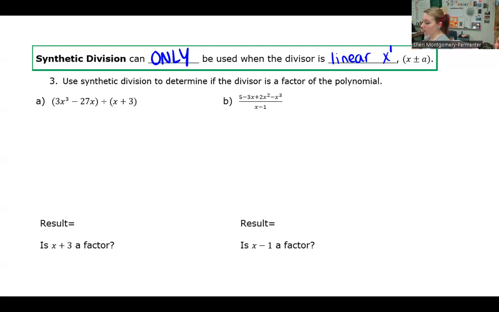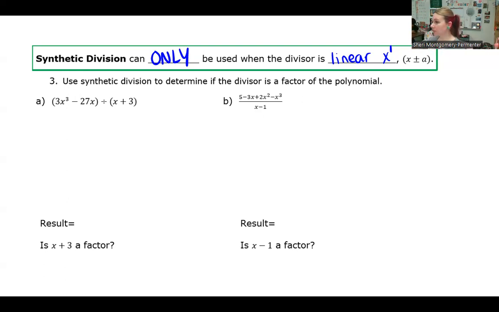So question B on number 2 on the front, where we were dividing by x plus 3. If you flip to the front, part B of question 2, where we were dividing by x plus 3, you could actually use synthetic division on that problem. And we're going to learn how to do it, but you can use long division. You can do long division for everything.